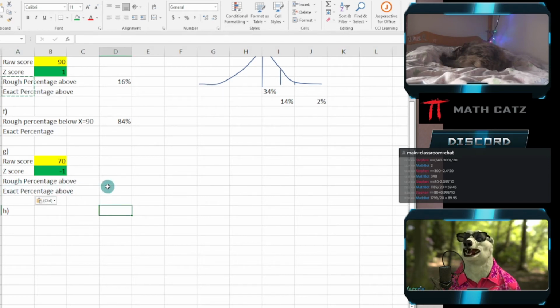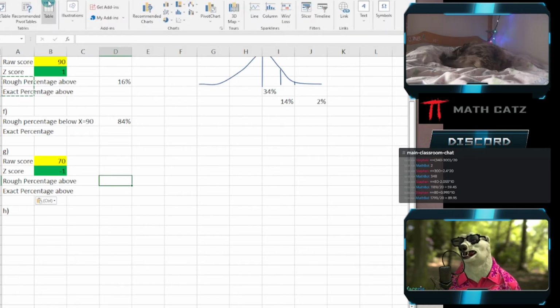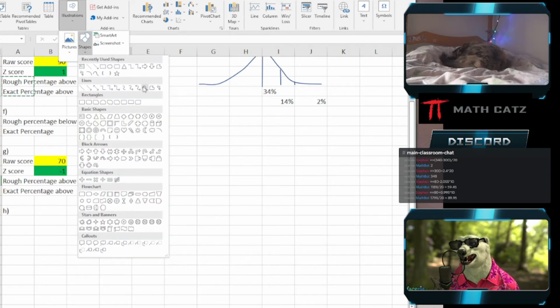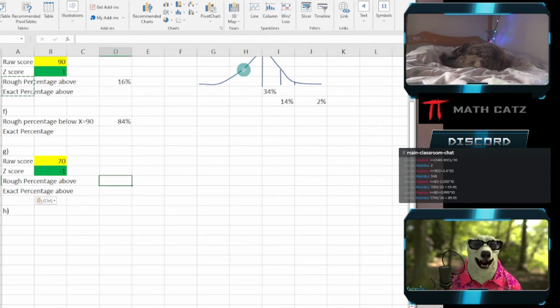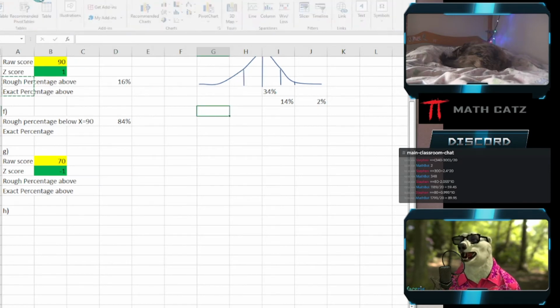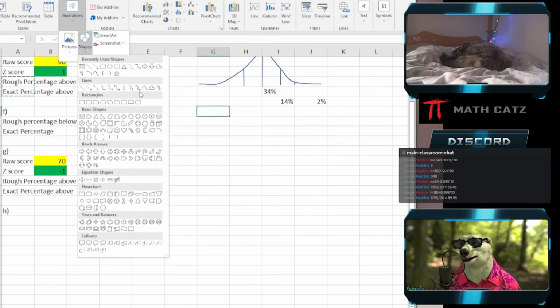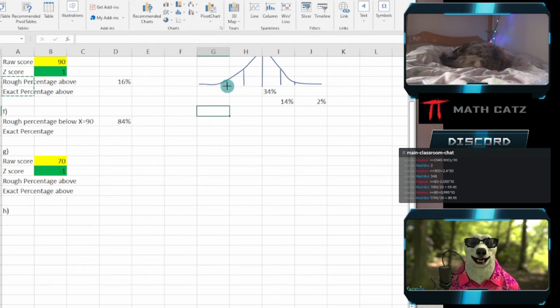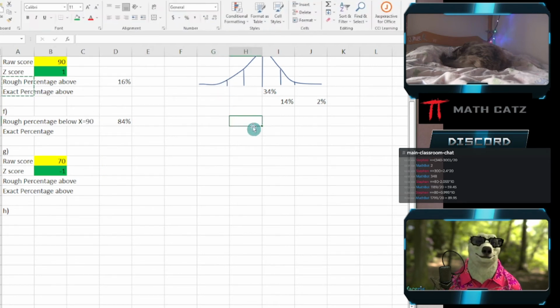The rough percentage above this, so I'm over here and my line is over here. Maybe I should draw that line, huh? Yes, let's not be too lazy. Put that line over there and just make the other line to be complete, like so. So then I have my z-score of -1 over there.